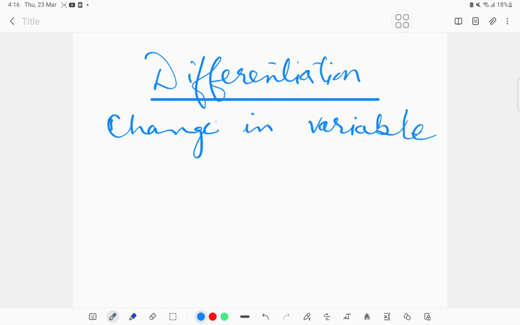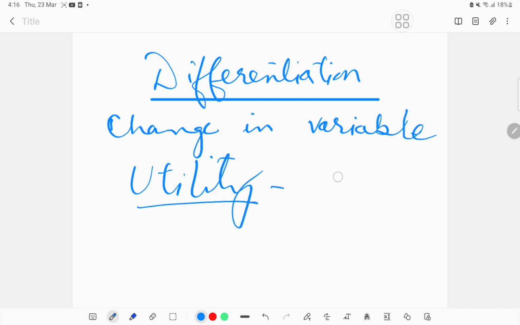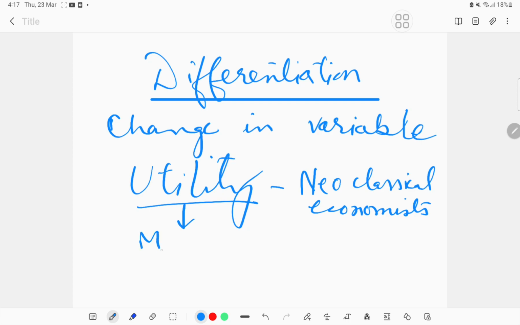And as we know, there is utility. We have heard about utility in economics. It is as per the new classical economists. This utility can be measured in terms of money. It means satisfaction.